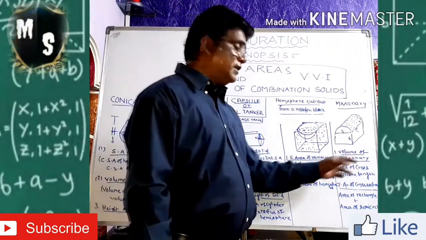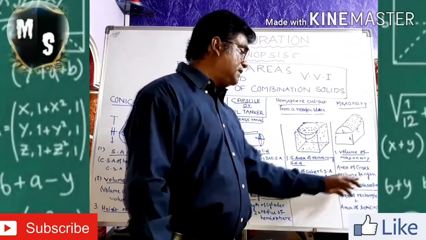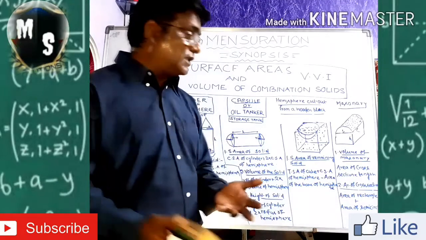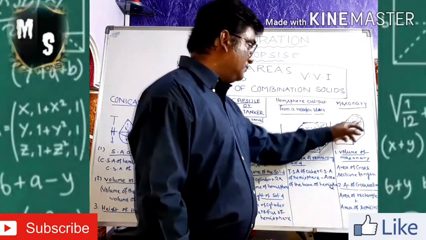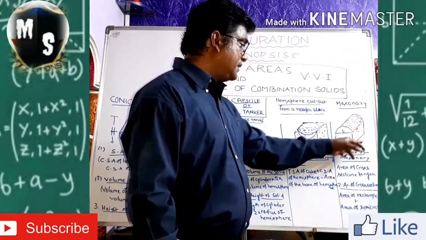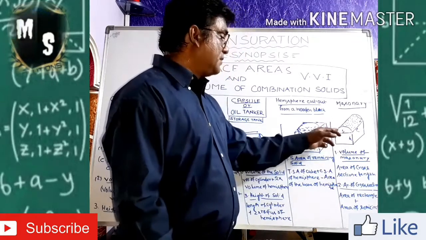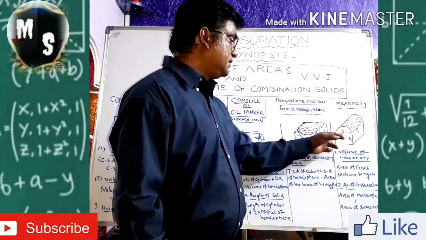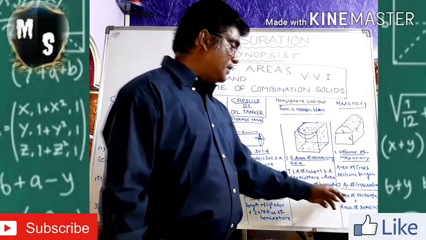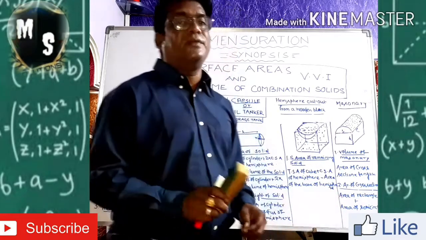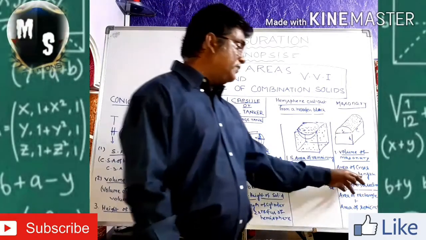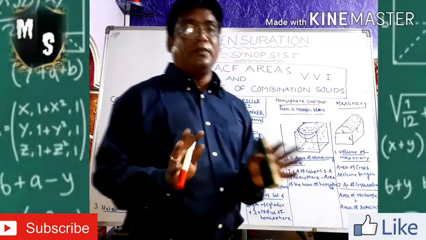The volume of the masonry is to be calculated, that is area of cross section into length. How to calculate the area of cross section? That is area of the rectangle. So see now, the area of the rectangle is this one, and area of the semicircle. This is called semicircle. If you add it, then area of cross section will come. And if you multiply with the length, then you will get the volume of the masonry.